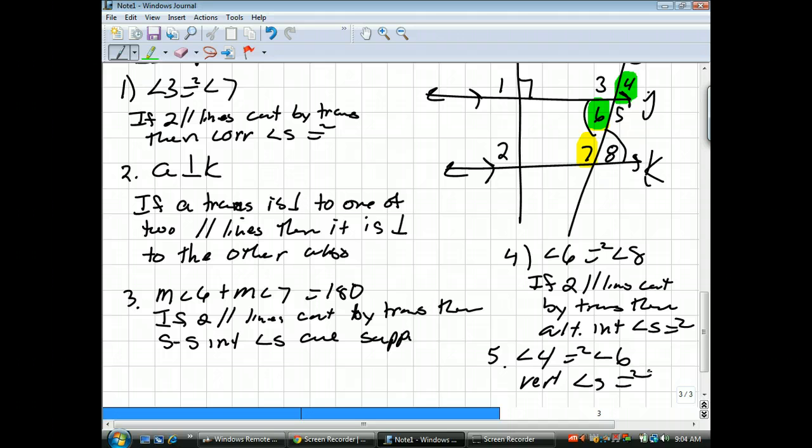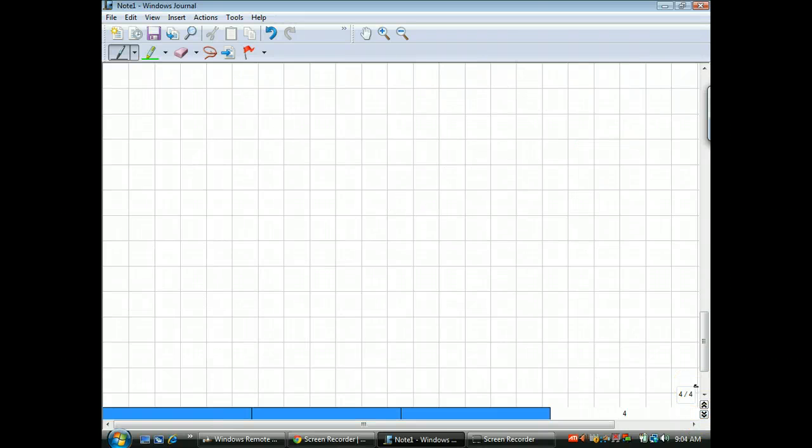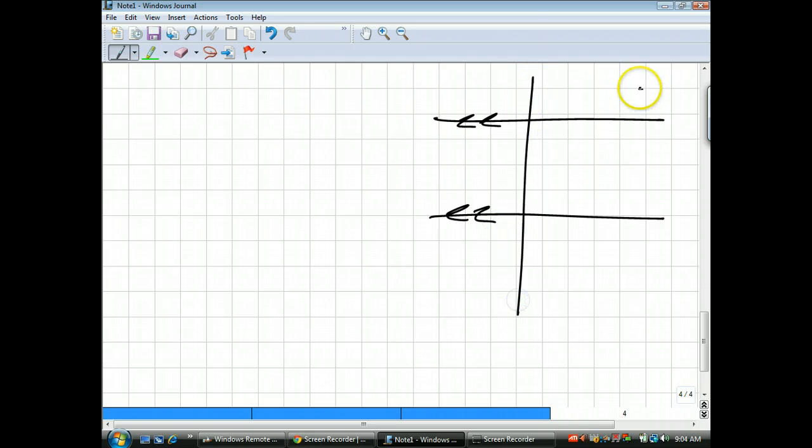All right. Now let's look at some problems where we actually want to find the measure of something. So I have 4 lines. This line is parallel to this line. Notice that it has 2 arrows on it. And then I have this line and this line. And this line is parallel to that line. Okay?